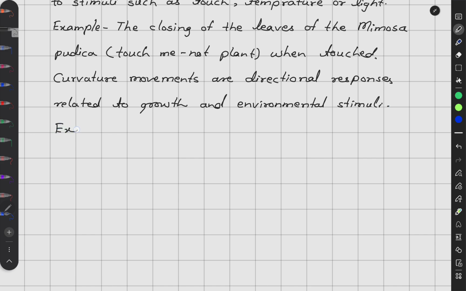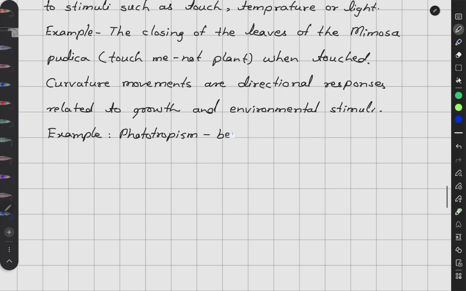An example is phototropism, the bending of a plant shoot towards light.